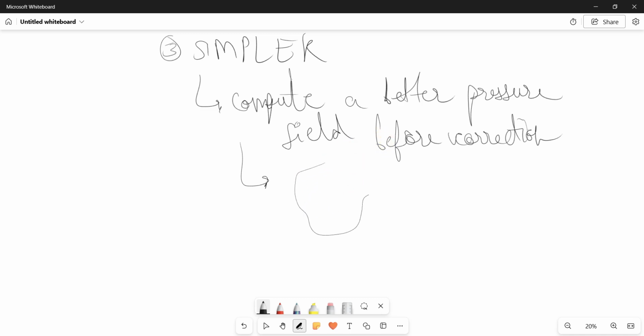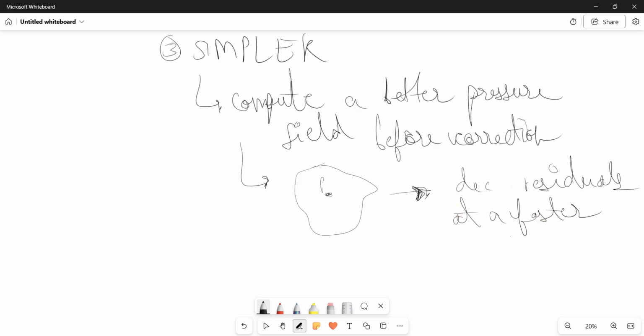There's like a domain range that is calculated, and based on this domain, you correct the pressure. So you are constraining values such that you converge, or you decrease the residuals at a faster rate, right? So that is about all these 3 methods.